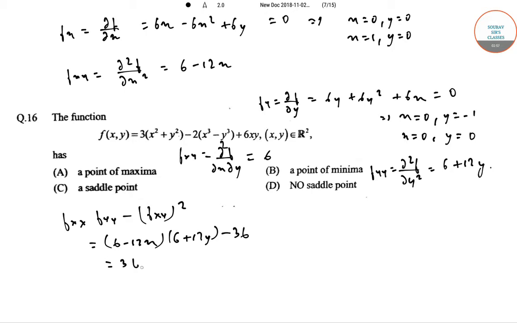So this is 36 plus 72y minus 72x minus 144xy minus 36. So this simplifies to y minus x minus 2xy.